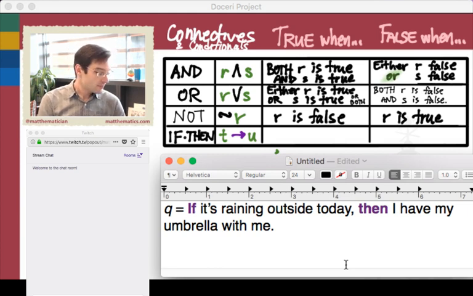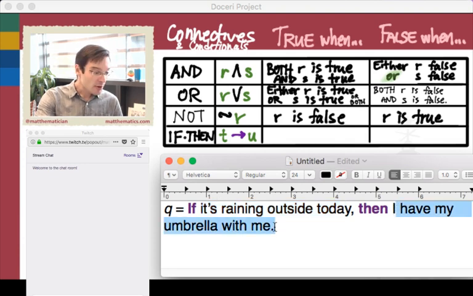So let's think about what it would take to actually show that this thing were true. In order to prove this in a court of law, what I would need to be able to show is that every time this happens, so does this.